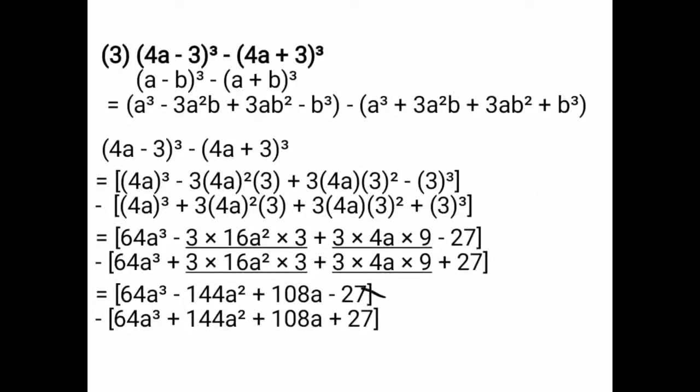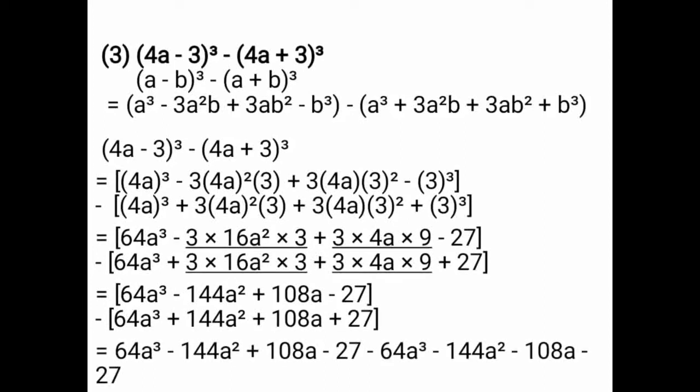Now you have to remove these brackets and write this again. The first bracket, which you wrote as the expansion form and solved, its signs will not change. In the second bracket, if there is a minus between the two formulas, all signs of the second bracket will change. That is equal to 64a cube minus 144a square plus 108a minus 27 minus 64a cube minus 144a square minus 108a plus 27.